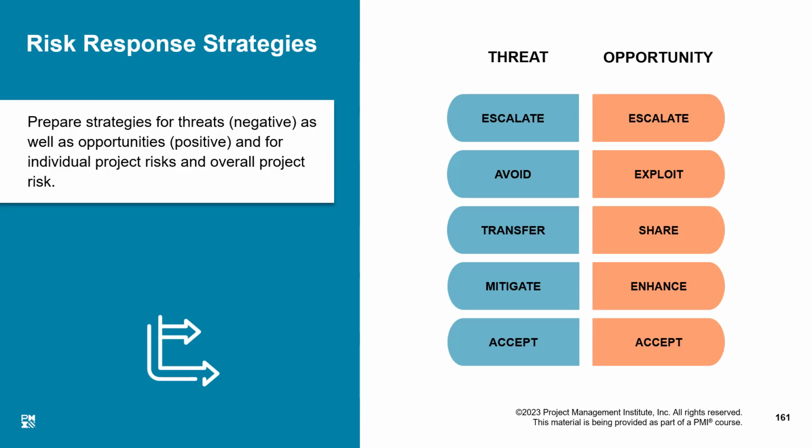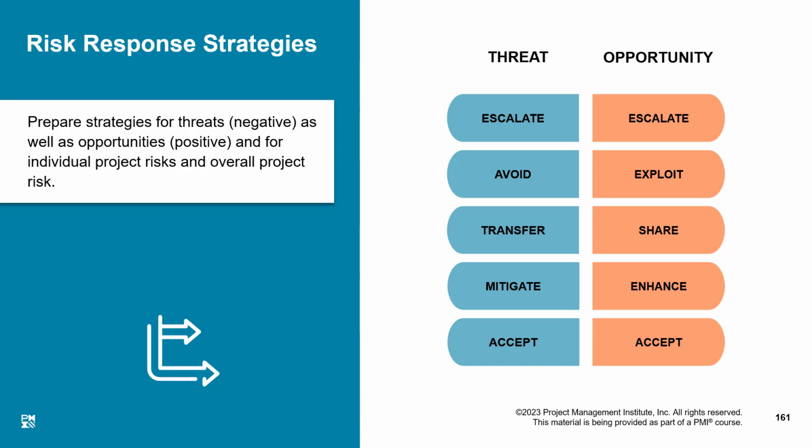We get out of the way if it is a bad risk. We transfer the risk. We may insure ourselves or our office or our premises, that is risk transference. Then we have mitigation and acceptance.